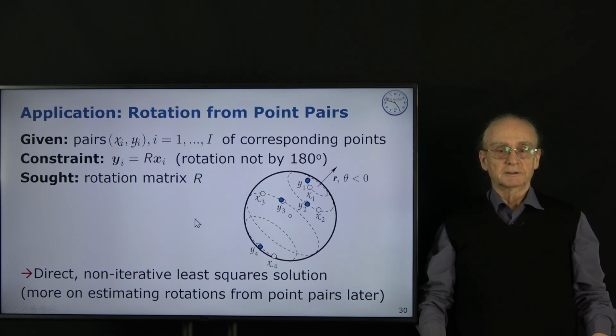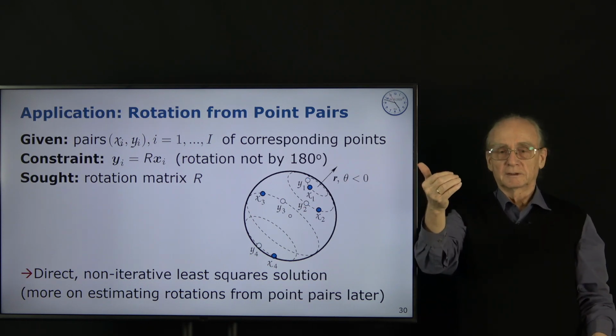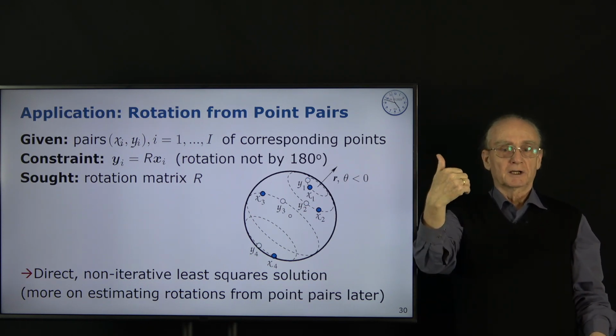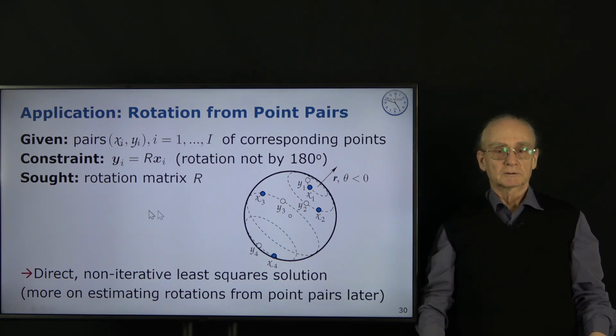So actually you see the points move on small circles. So we have a rotation axis and we have a rotation. So once more, just to see this, we have here 3 points in front of the sphere, and we have here 1 point in the back of the sphere.